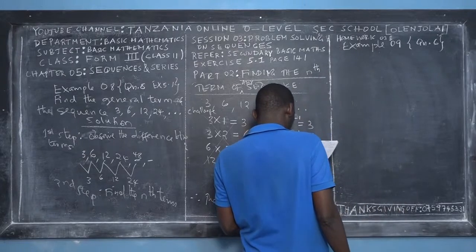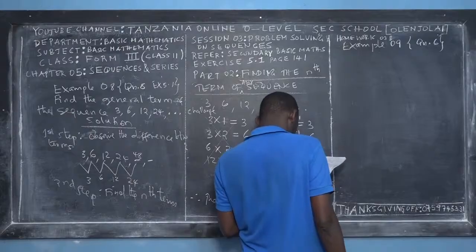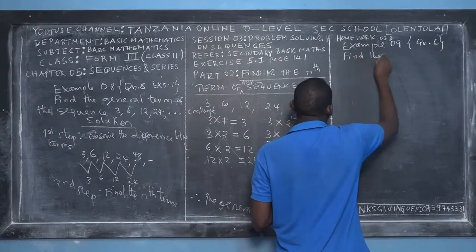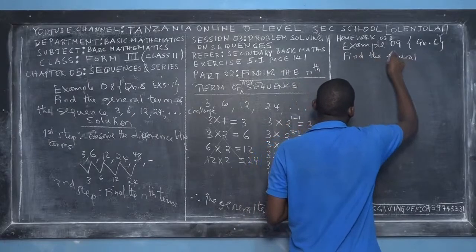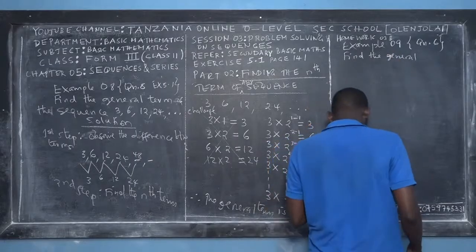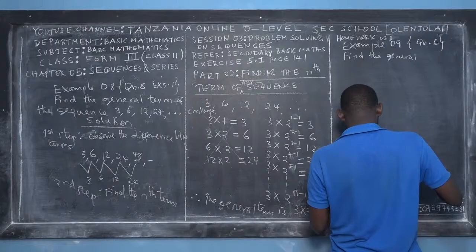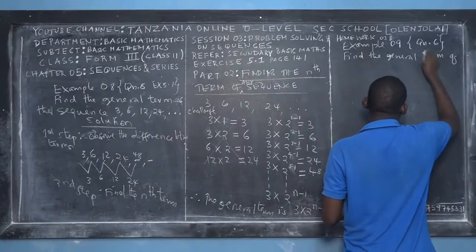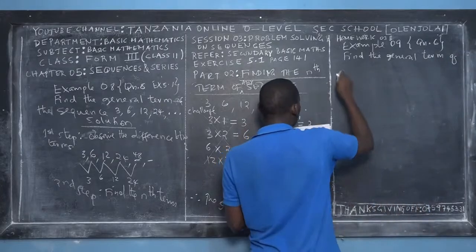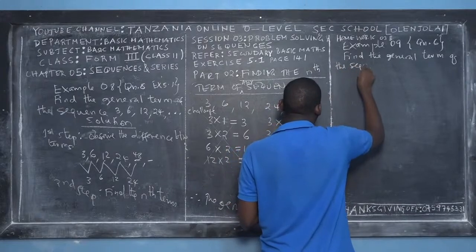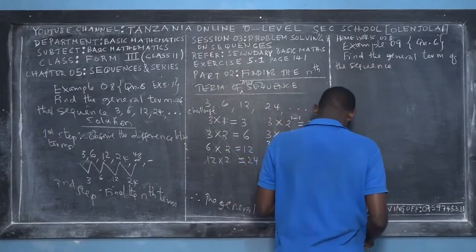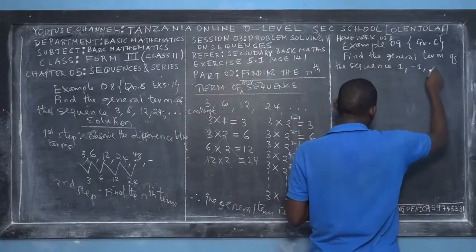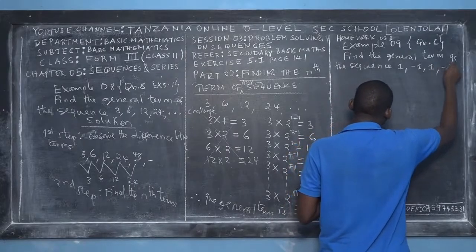The question asks you to find the general term of the sequence 1, negative 1, 1, negative 1.